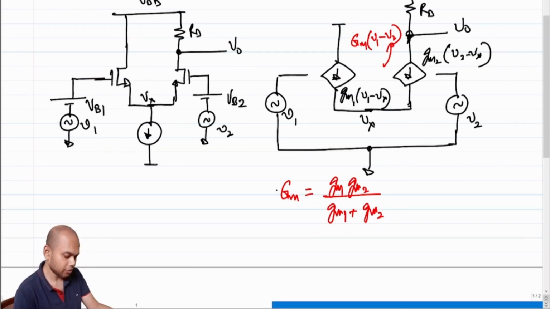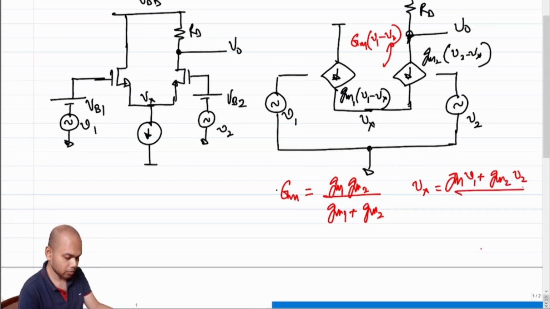And what was Vx? Vx was also essentially a weighted average of the incremental voltages at V1 and V2, so basically (Gm1 V1 plus Gm2 V2) by (Gm1 plus Gm2). This is what we observed, right?